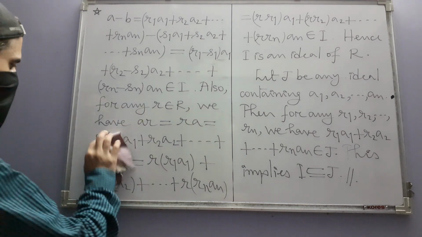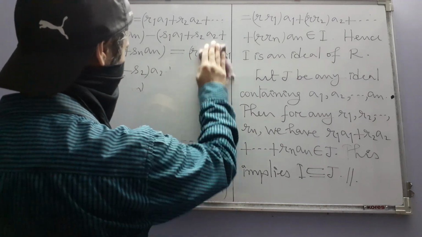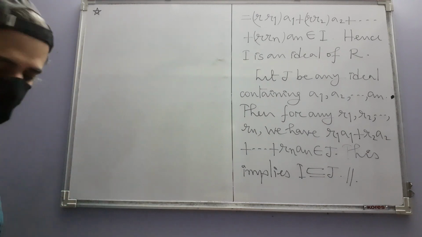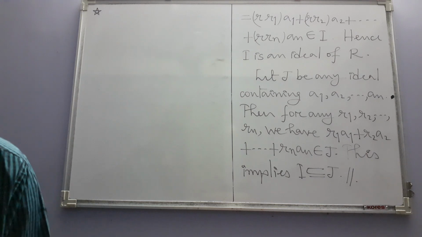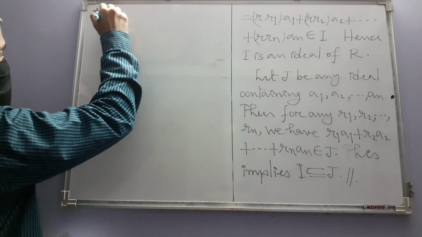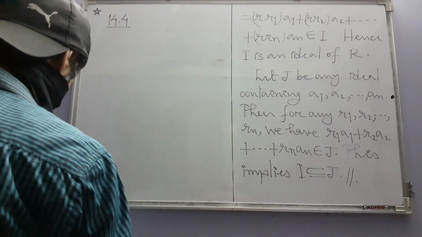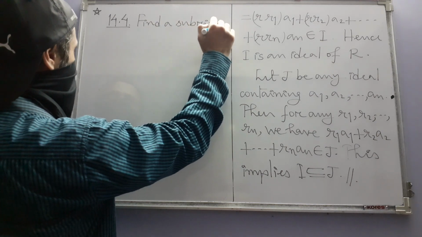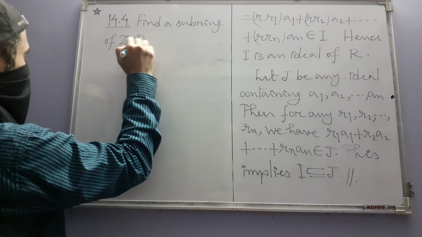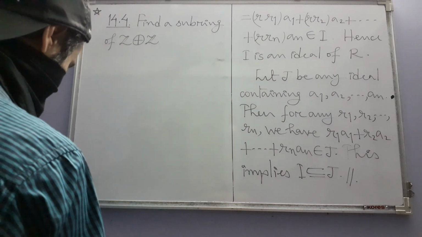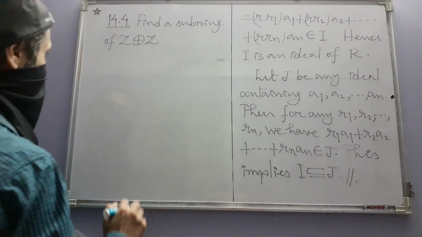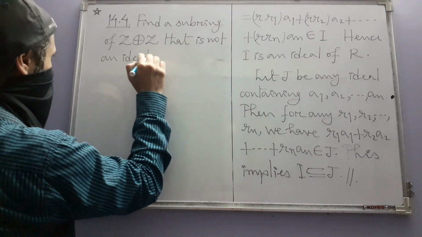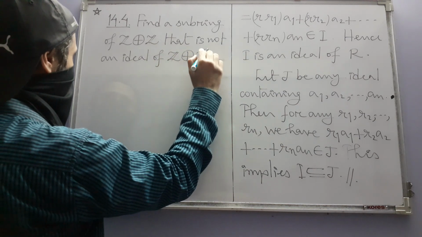Next, four. Find a subring of this ring, the direct sum of two copies of the ring of integers, that is not an ideal.